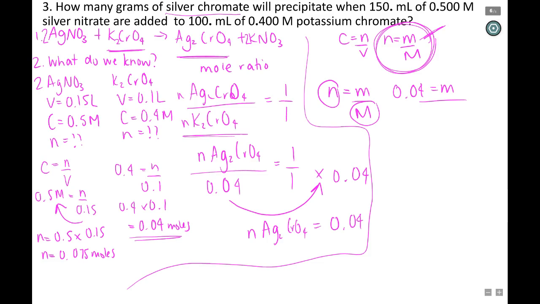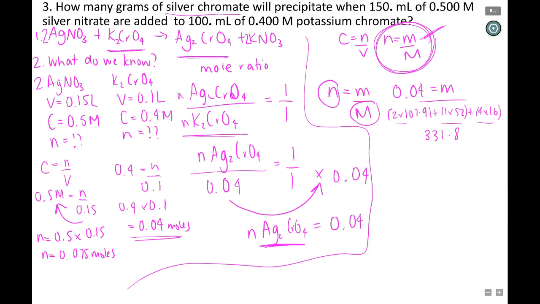Now you can work out the molar mass by using the atomic weights off the periodic table, which is 2 times 107.9 plus 1 times 52 plus 4 times 16, which is our silver, our chrome, and our oxygen, which then in total equals 331.8.